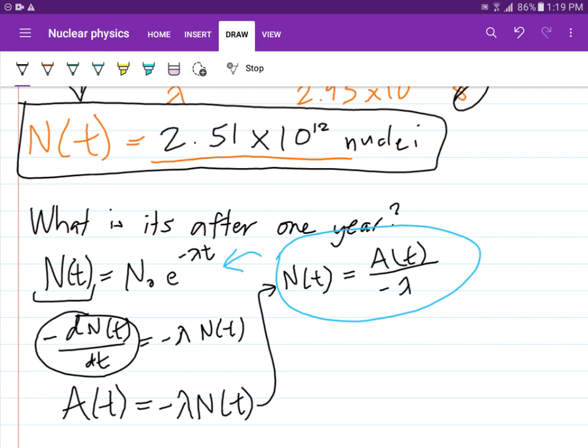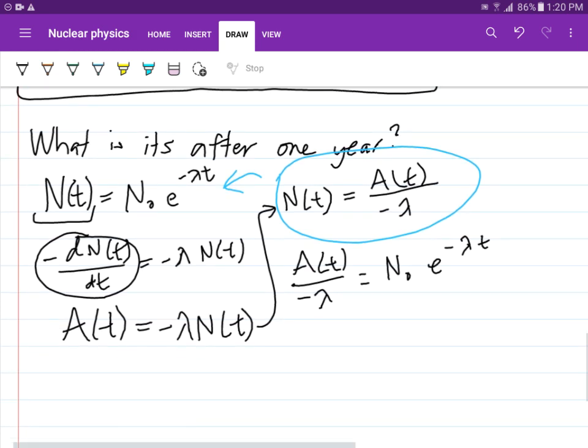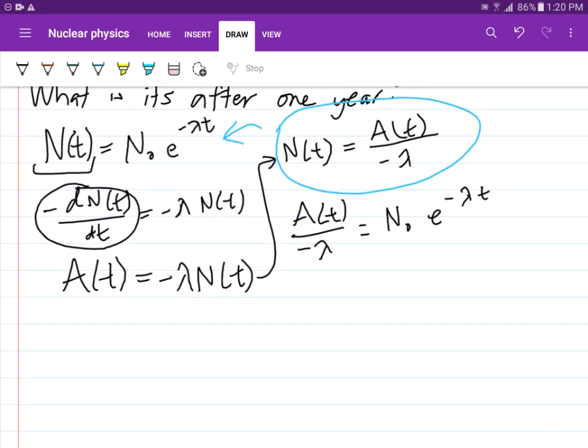So we have A(t) over minus lambda equals N naught e to the minus lambda t. But we also know that at this value of N naught, we have a corresponding initial activity.